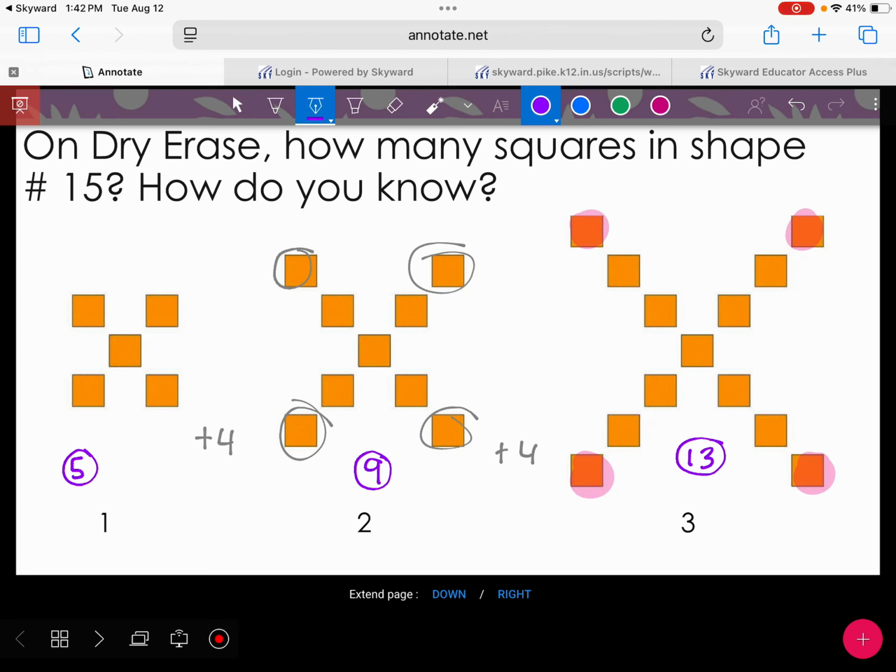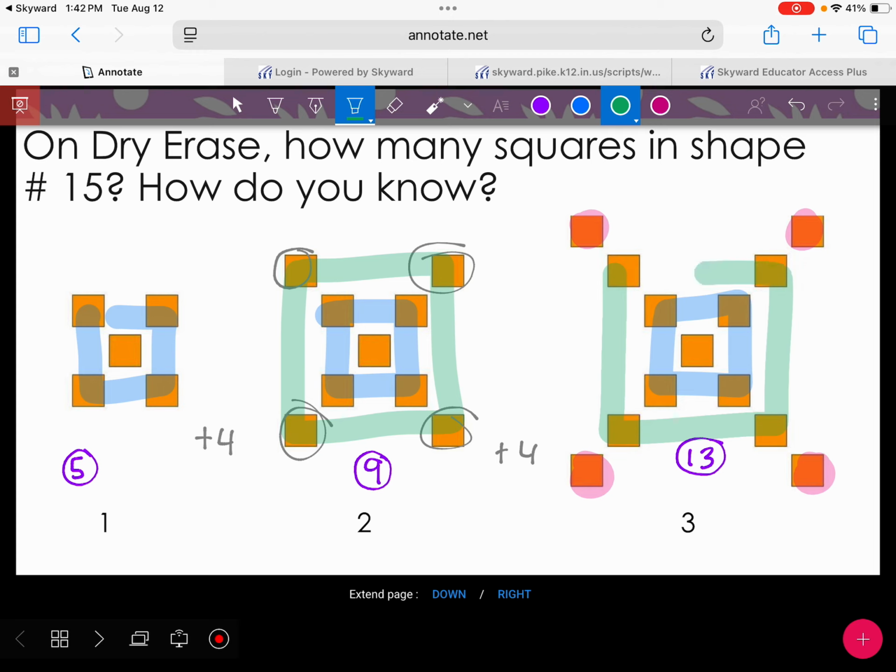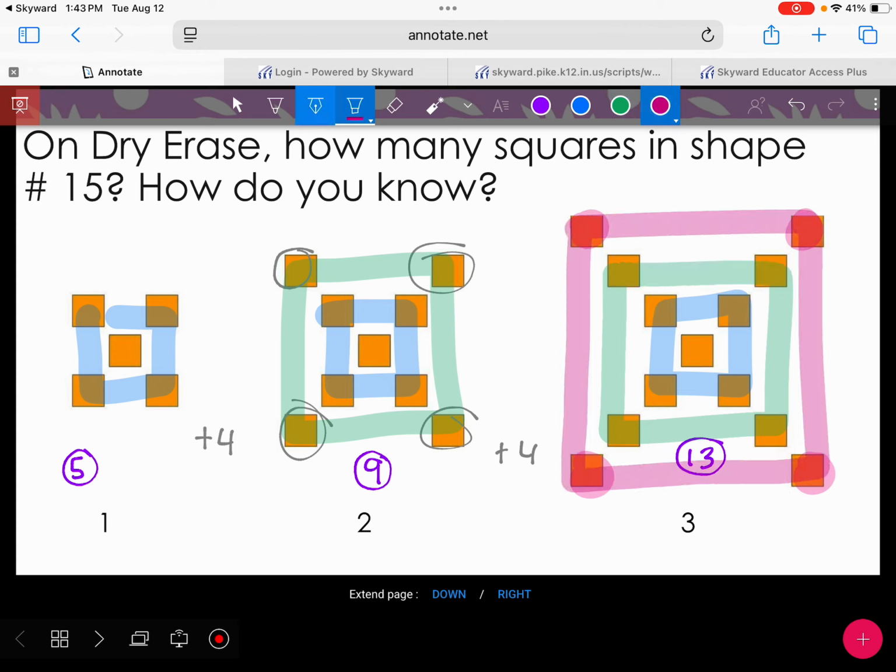So a common way that I've seen people notice this is that we've got one set of 4 right here, and it's staying here. It's still here. And then we get our second set of 4 here, which is again here. And then we get a third set of 4 here. So this has one group of 4. This one has 2 groups of 4. This one has 3 groups of 4.